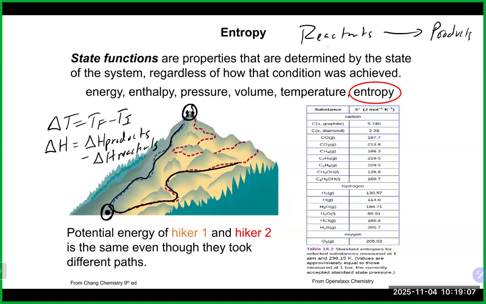In a chemical reaction, our reactants are our initial, and our final state here are our products. So that's why, for example, when you calculate delta H, you add up all the product delta H's and subtract all the reactant delta H's, basically final minus initial conditions.